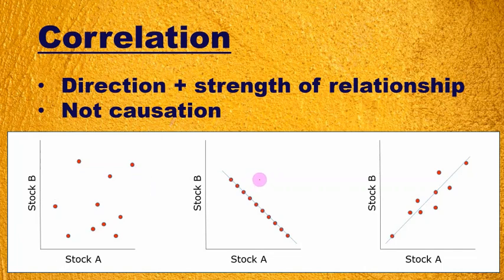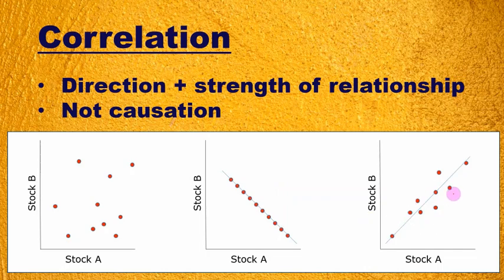Here we can see that the two stocks are very strongly correlated because they fit perfectly along this line. We can also say that they are negatively correlated because the slope is in a downwards direction. So because it's absolutely perfectly on this line, every single dot, that would have a correlation coefficient of -1.